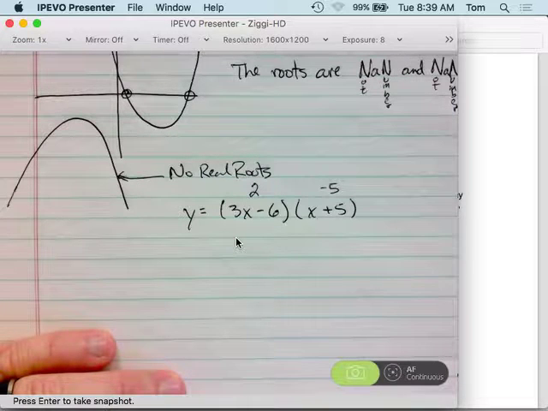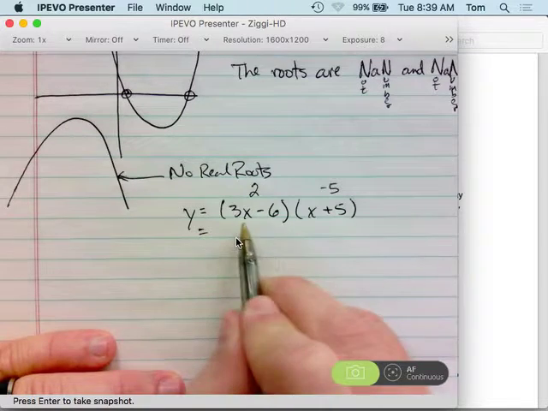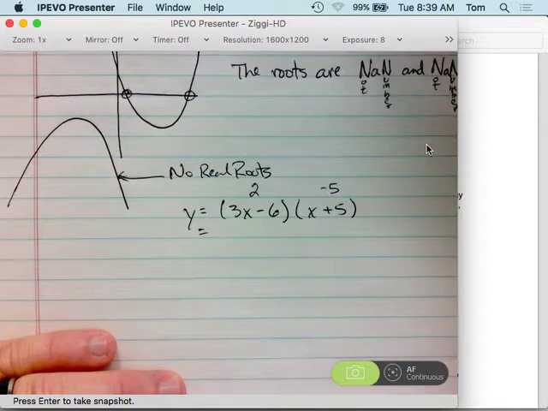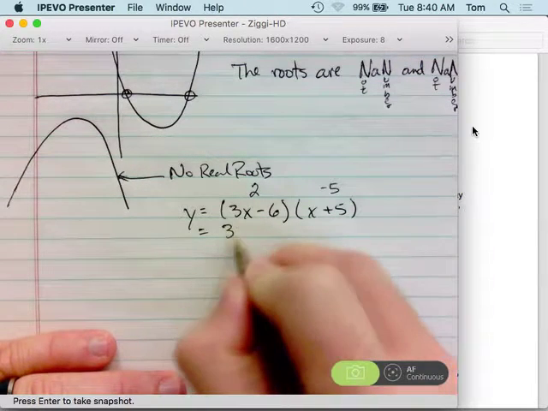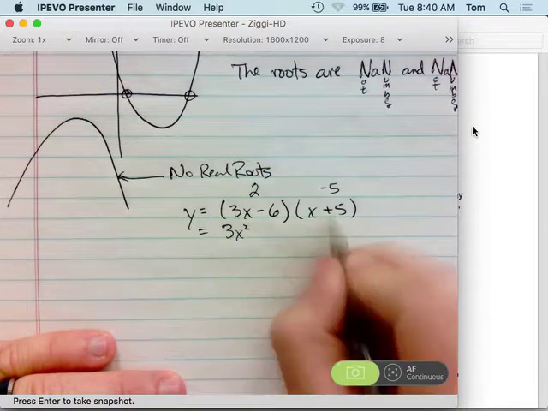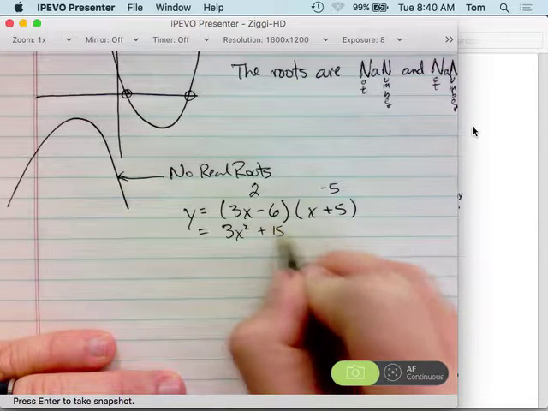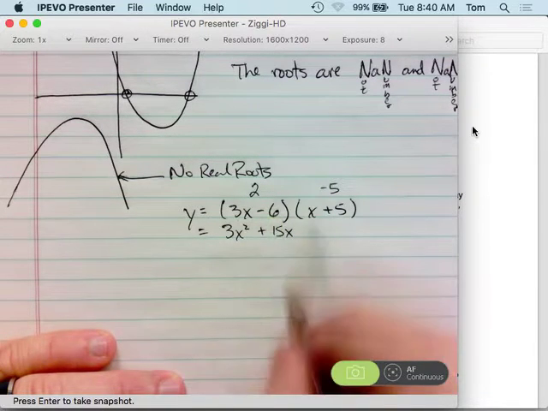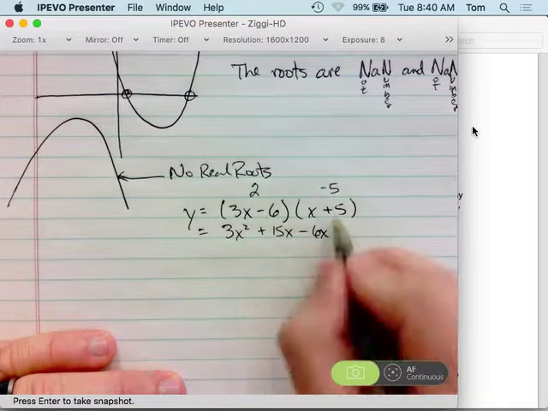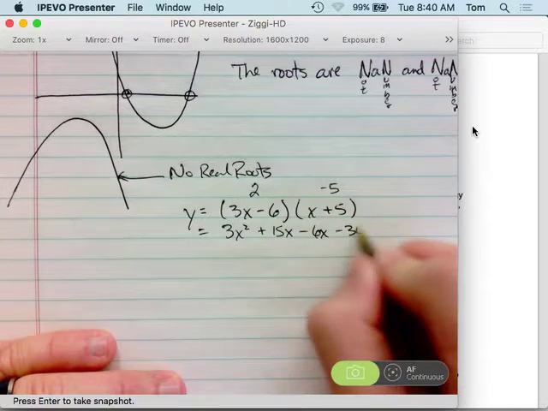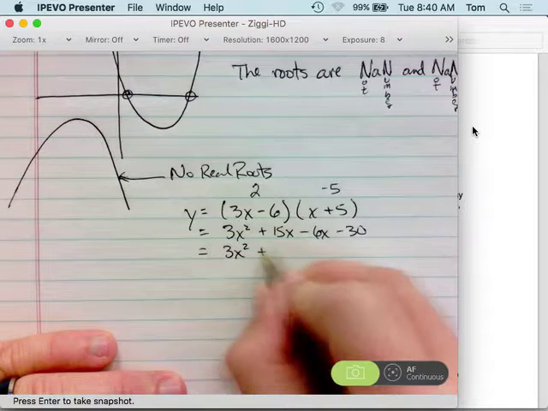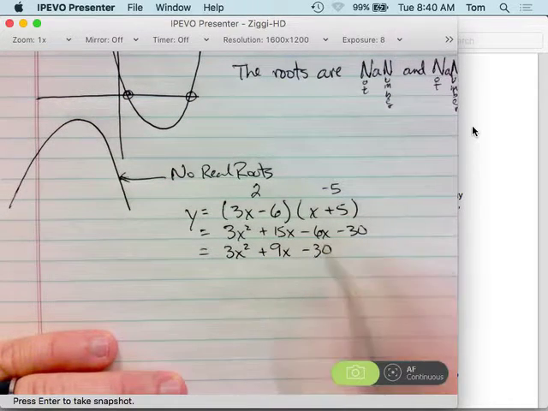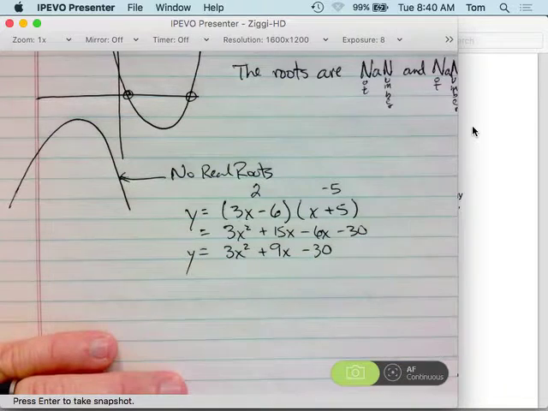But now I have to figure out what the coefficients A, B, and C are, and I would do that by distributing this out. So 3x times x is 3x squared. 3x times 5 is plus 15x. Negative 6 times x is negative 6x. Negative 6 times 5 is negative 30. And if I combine like terms, 3x squared plus 9x minus 30 is my equation for y.